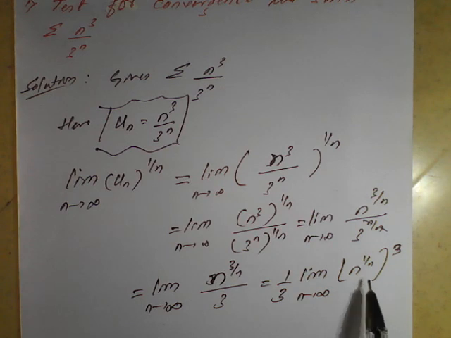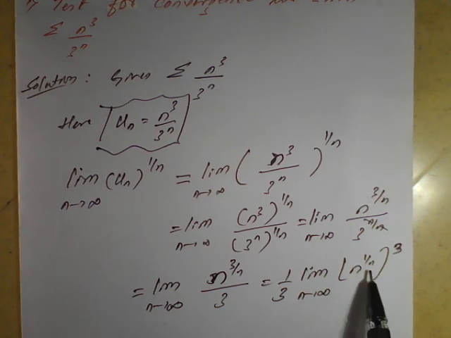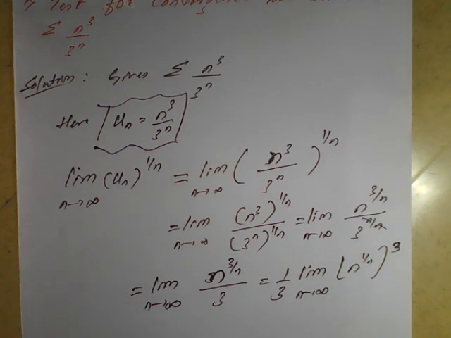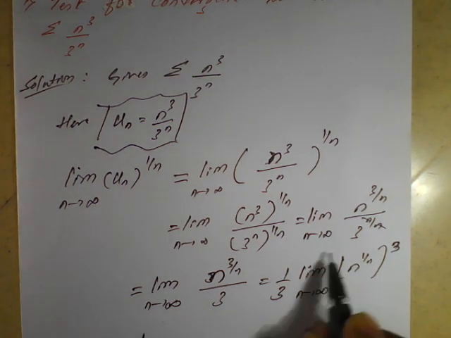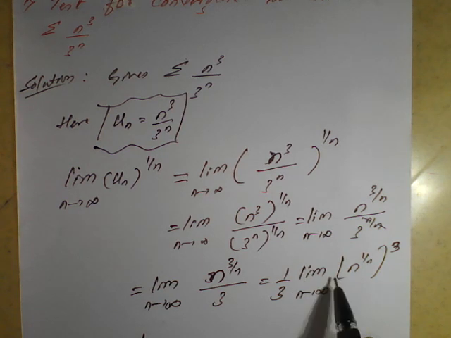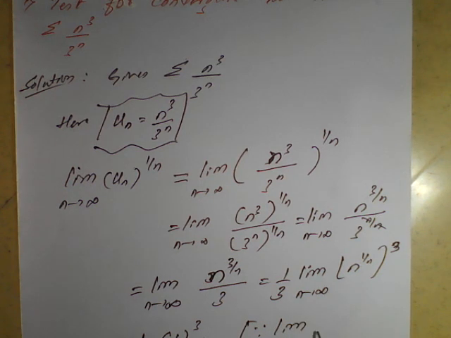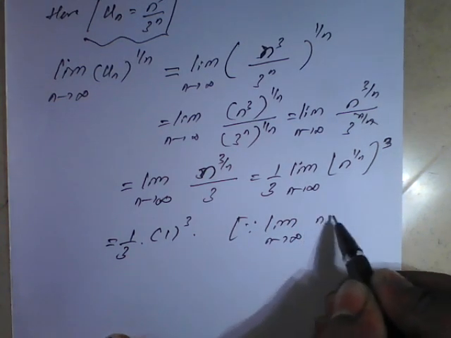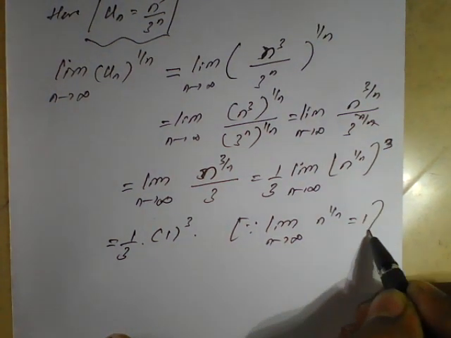The same thing applies here. So applying the limit, we get 1 by 3 times 1 raised to 3, because limit n tends to infinity of n raised to 1 upon n is equal to 1.